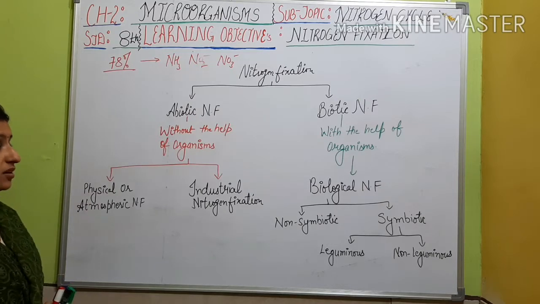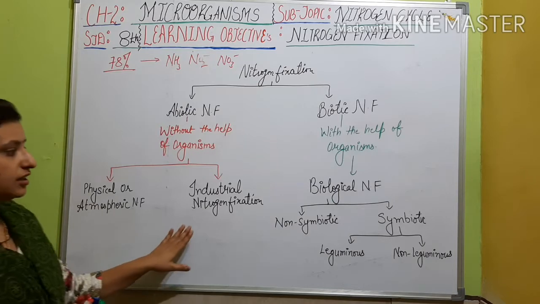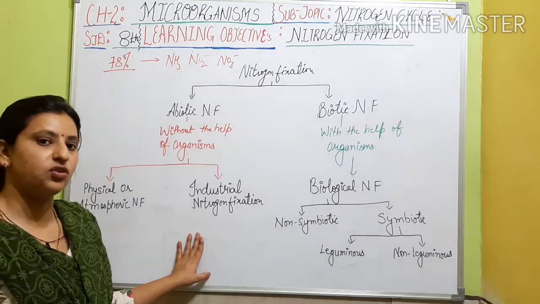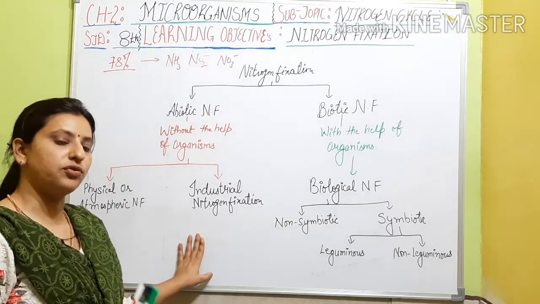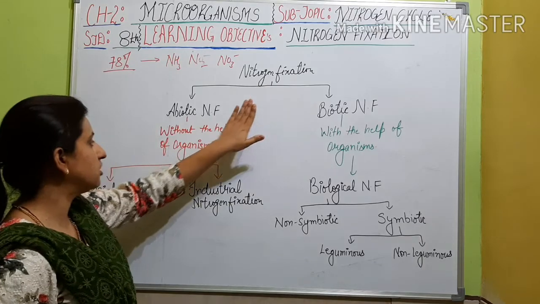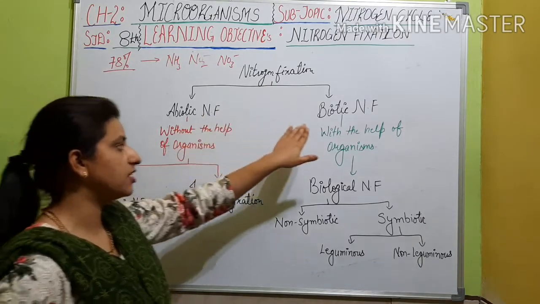So this is the outline structure of what is there in nitrogen fixation, and I know it is a very lengthy process, but we have to go through it in detail like this, then only you will be able to understand how the nitrogen is fixed from the air into the usable form, that is ammonia, nitrite and nitrate. So nitrogen fixation has two types: abiotic and biotic.